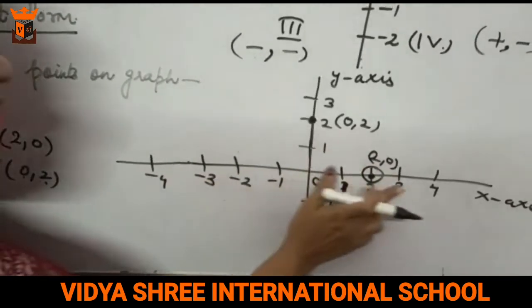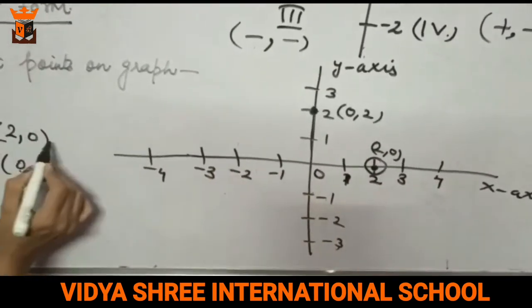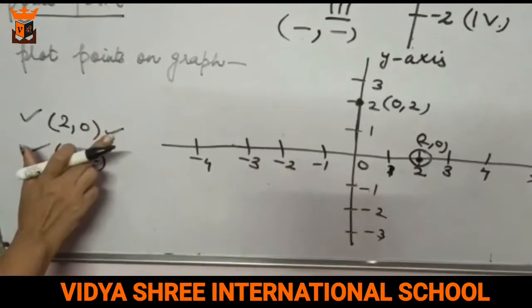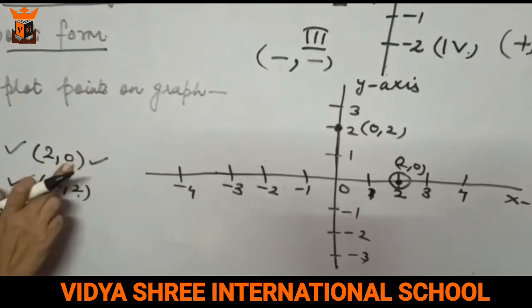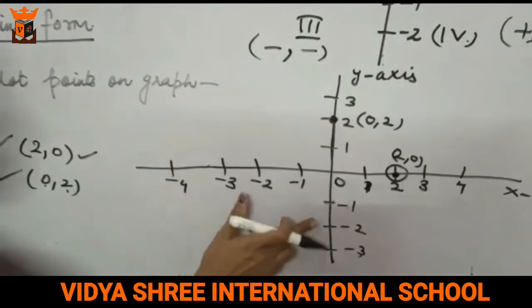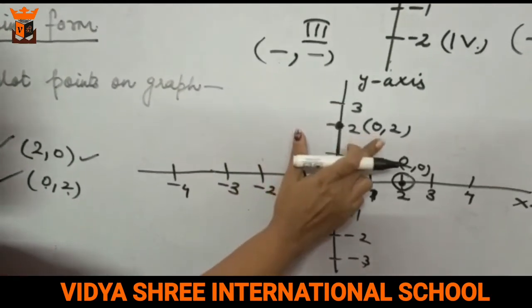एक्स एक्सिस पर जितने भी पॉइंट्स होंगे उन सबका वाई कोऑर्डिनेट 0 होगा. Like here all the points which are on the x axis their y coordinate will be 0. The same, the points which will be on the y axis their x coordinate is always 0.